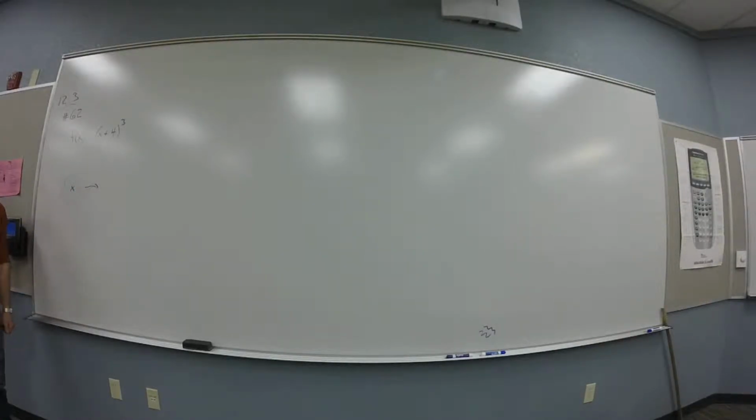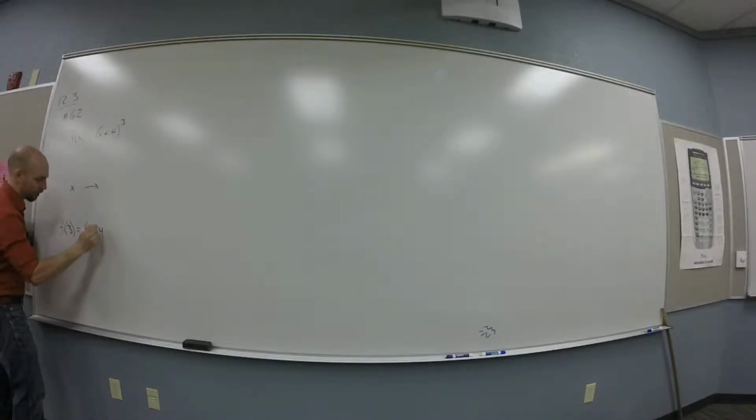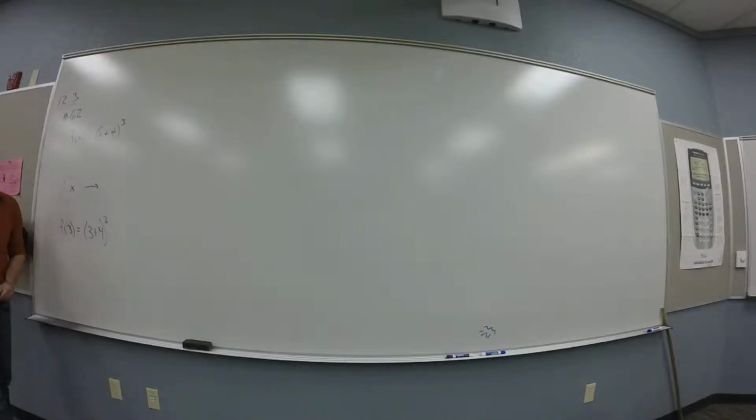What's the first thing I do when I put an x into this thing? You guys see that? If you put 3 in here, we're looking for f of 3, right? That'd be 3 plus 4 cubed. What's the first thing I do here? Add, right? You guys see that?